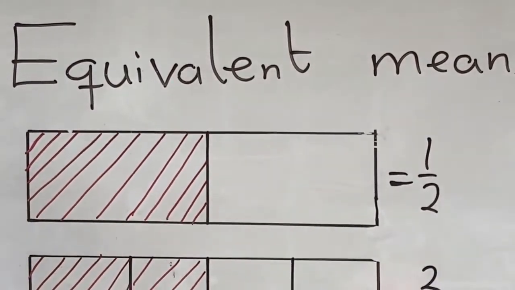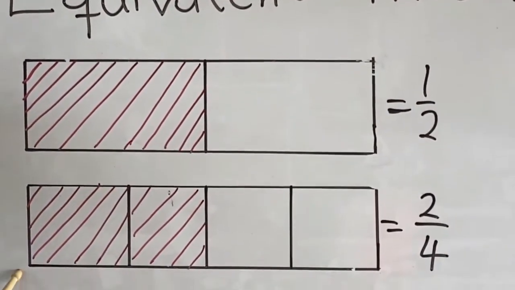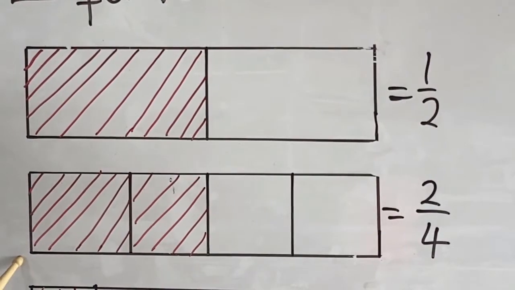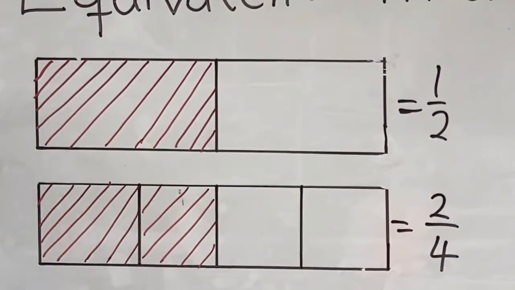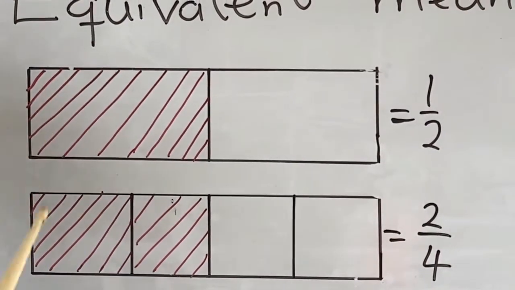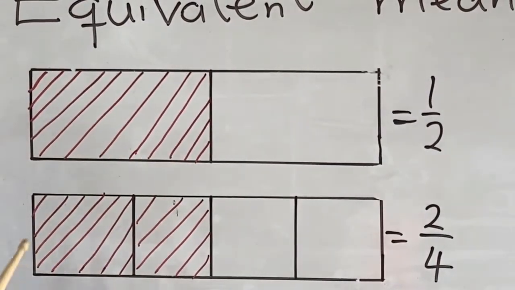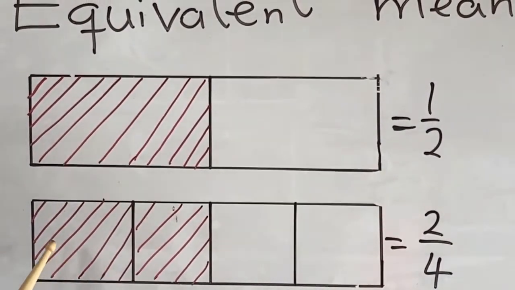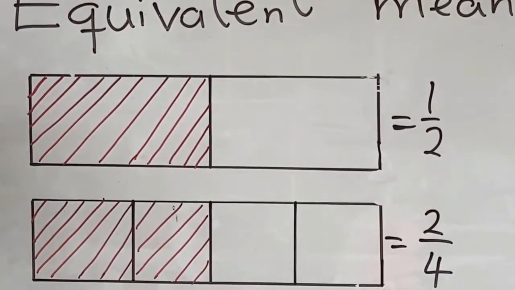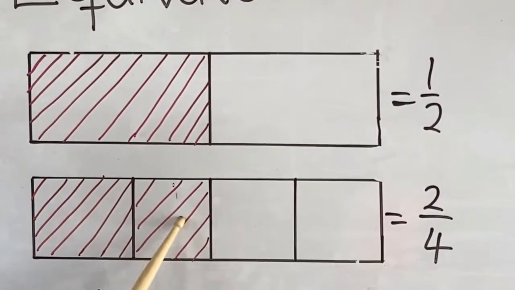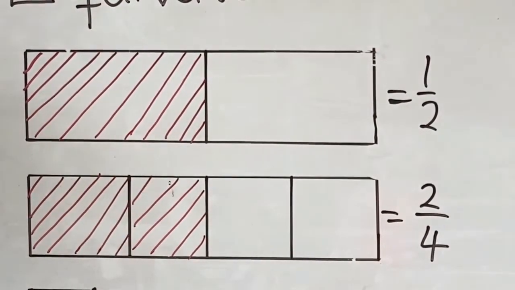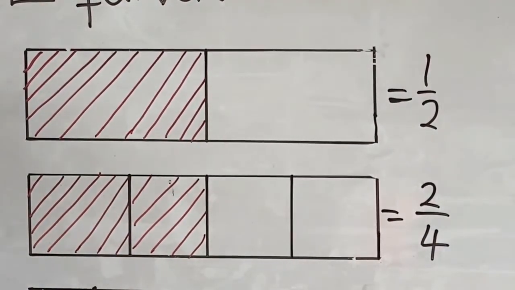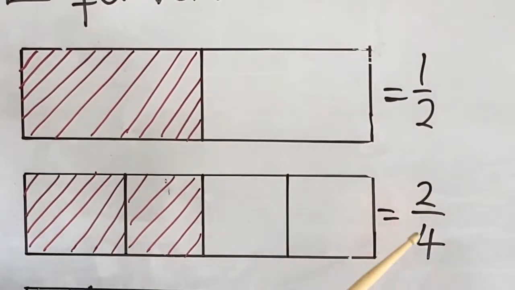Now, let's compare the second rectangle partitioned into 4 equal parts with two sides shaded to that of the first rectangle. This second rectangle is divided into 4 parts. 1, 2, 3, 4. 2 parts are shaded out of the 4, which is equal to 2/4.